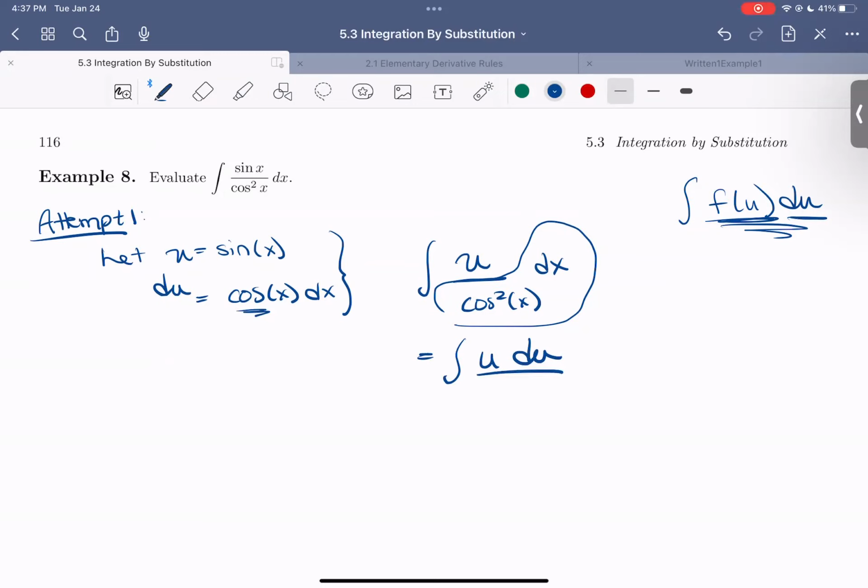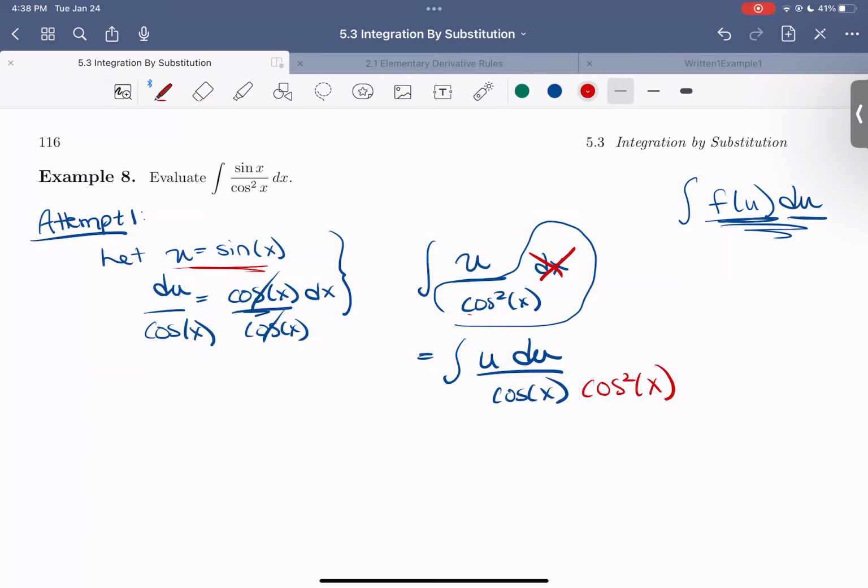So we'd have to divide by an extra cosine to get that cosine to cancel, and then we would be able to get dx to cancel out. But then we still have cosine squared x that we need to take care of, and we can't really move this u around anymore to find a cosine.